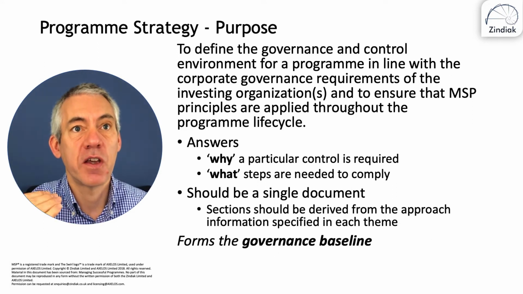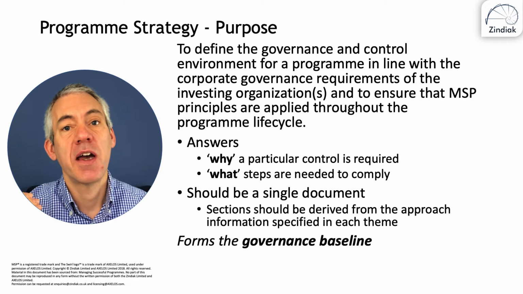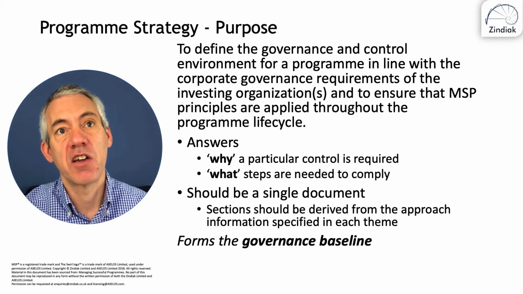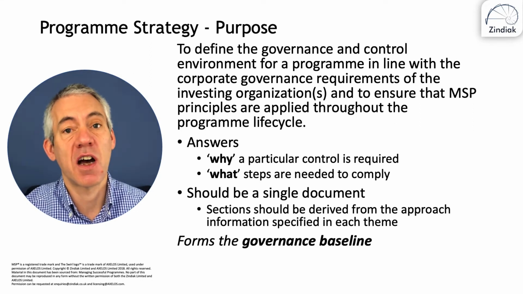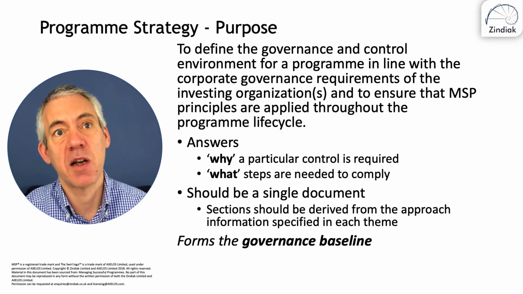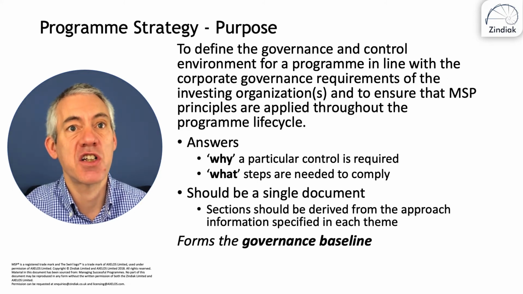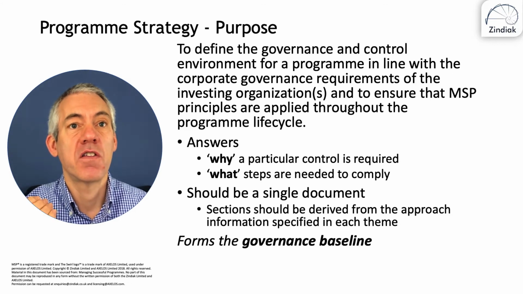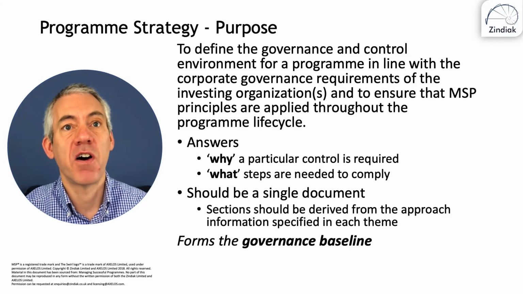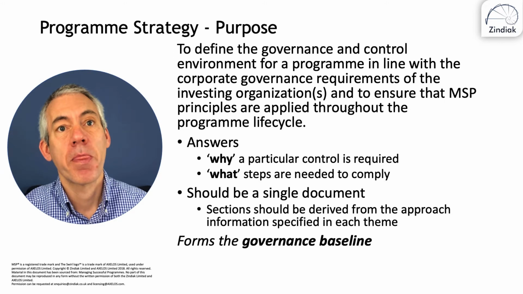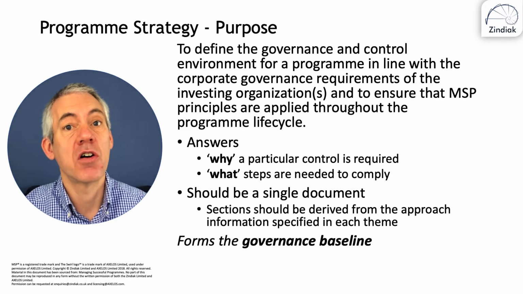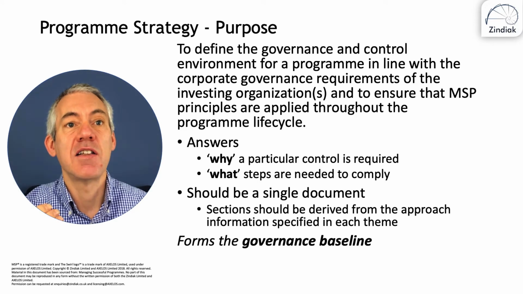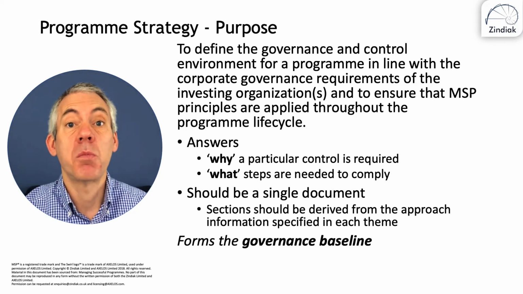So for the organization theme, it defines the governance approach. For the design theme, it defines the design approach. The justification theme defines the finance approach. The structure theme defines the delivery approach and how we start and manage and stop projects. And the knowledge, assurance and decision themes define those approaches.